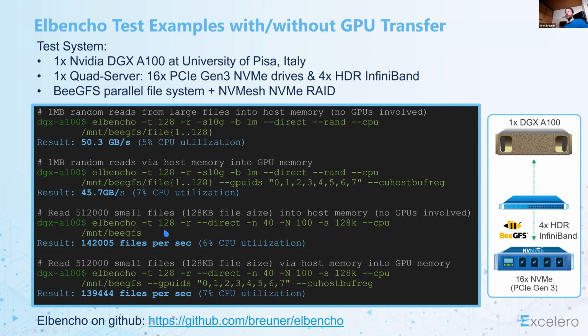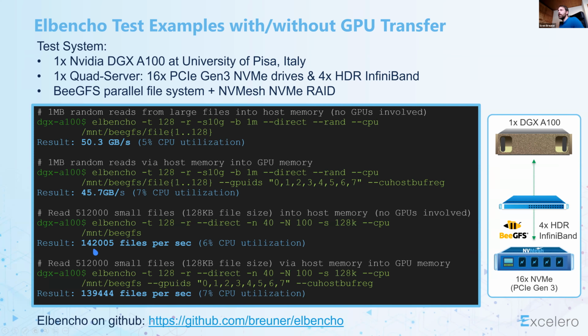To have something that comes closer to the ImageNet case, I also ran a test with only small files, 128 kilobyte file size in this case. First test was again reading them only into host memory.